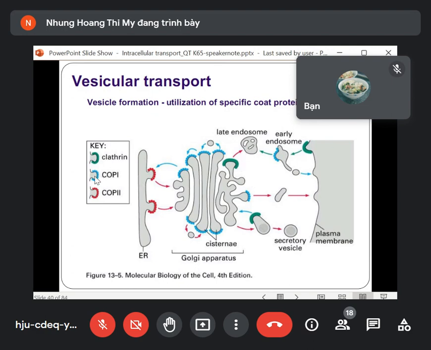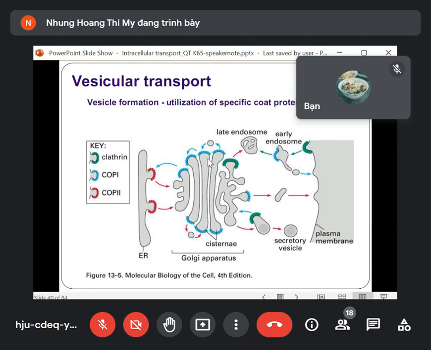COP1 mostly locates on the Golgi apparatus, and helps make vesicles from the Golgi apparatus to transport to other parts inside the cell, for example back to the ER or to the lysosome and endosome.